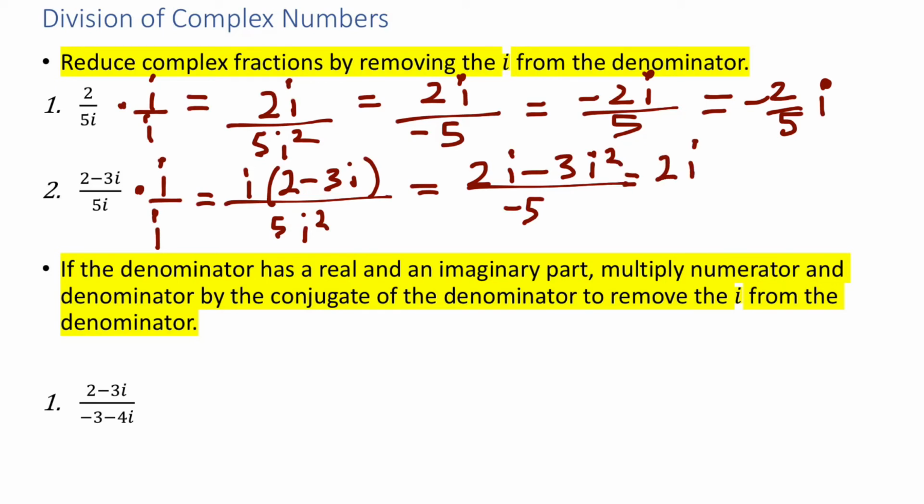On the top I've got an i squared, this is a negative 1. Negative 1 times negative 3 would make that positive 3. And I've got a negative 5 on the bottom. So you're going to go ahead and put the negative 5 under each of these so you can separate out the real and imaginary parts. And convention says that you write the a part first, so that's the real part, and the imaginary part second. All right, so that's your complex number.